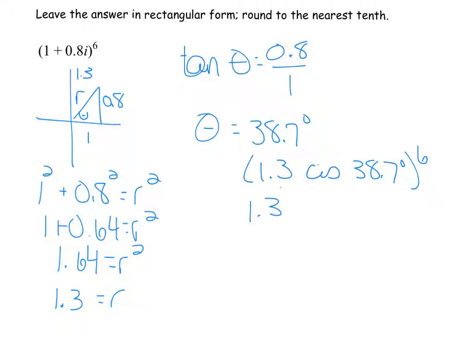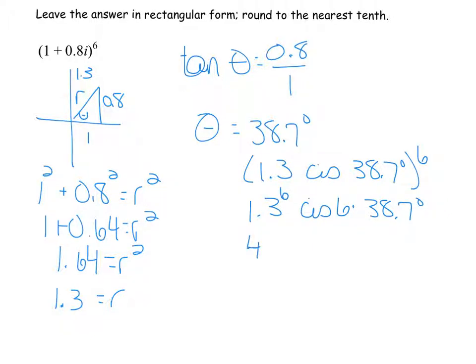Now I can use my theorem. I'm going to say 1.3 to the 6th times CIS 6 times 38.7 degrees. Remember where your exponent shows up. So I use my calculator, and 1.3 raised to the 6th power is about 4.8.